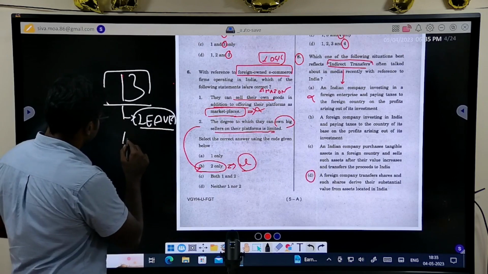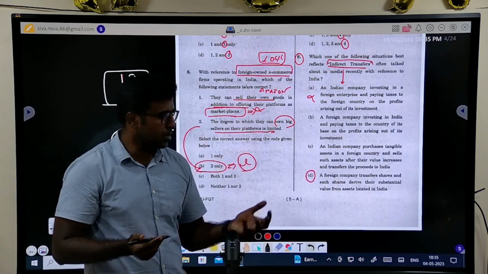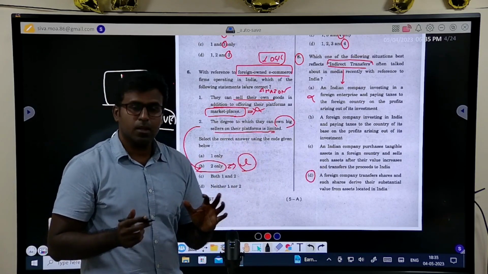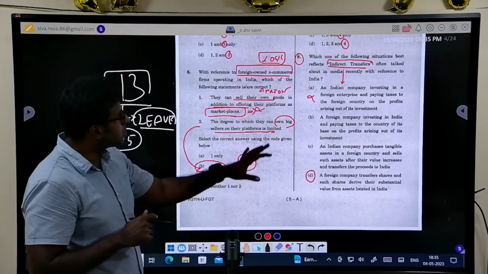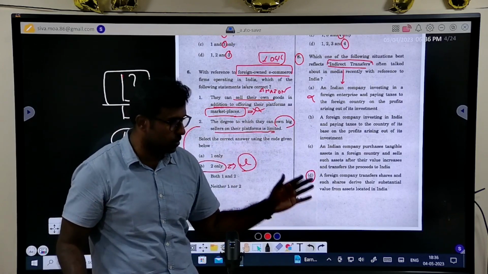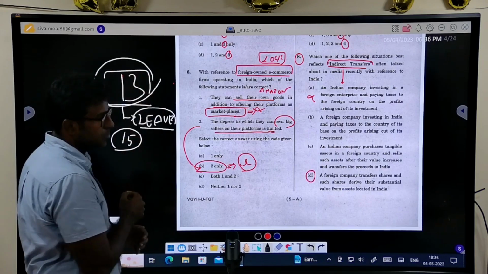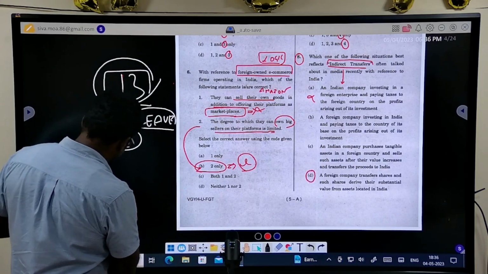So if you leave even 15 questions, cutoff will clear. See, you cannot attempt all the questions. If you try to attempt all the questions, it's going to be a disaster. But that is why you have to read paper exhaustively. That is why you have to read syllabus exhaustively, because then you will know what questions to leave. Only then you will leave.